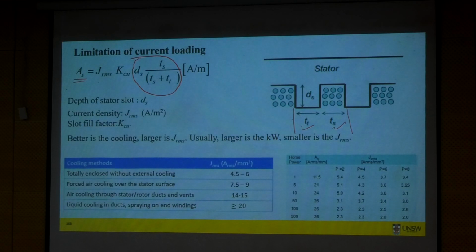Machine winders prefer not to fill the slot fully because it's very difficult. If it starts to become very crowded, it's very hard for them to insert conductors. So they tend to leave a lot of space in the slots.